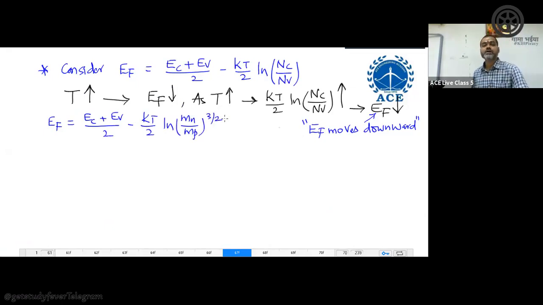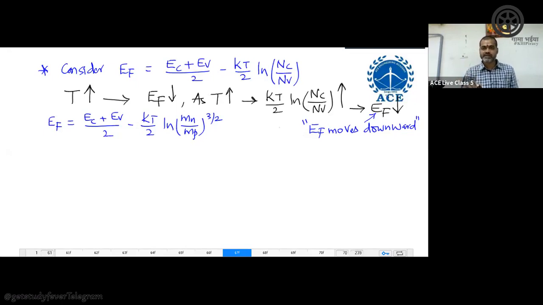Now is mn less than mp or greater than mp? Earlier, if you remember, we have given mn is less than mp. If that is the case, this factor mn by mp becomes less than 1. The logarithm is negative, and minus into minus will become plus. Then EF should increase, nothing but move upward.